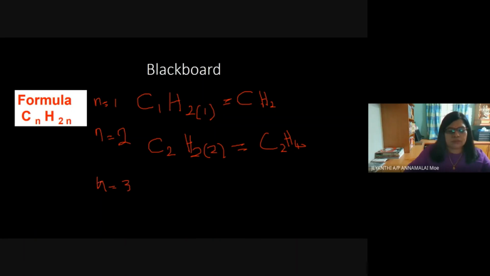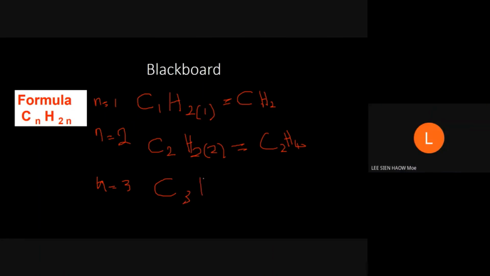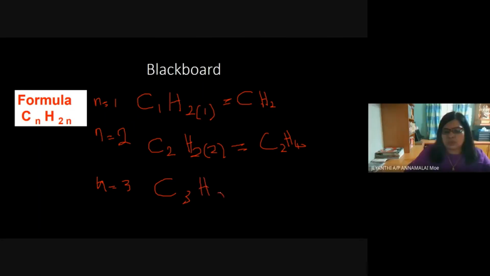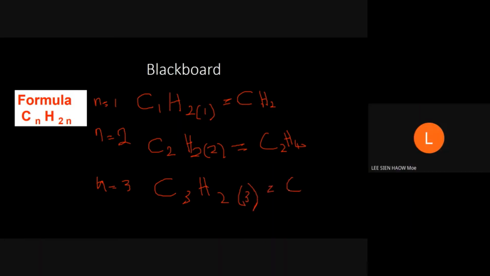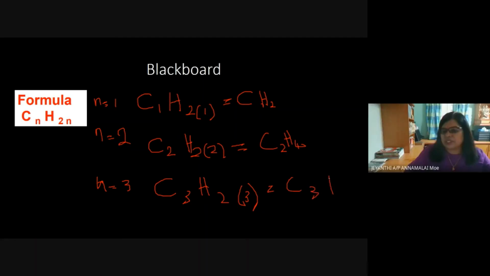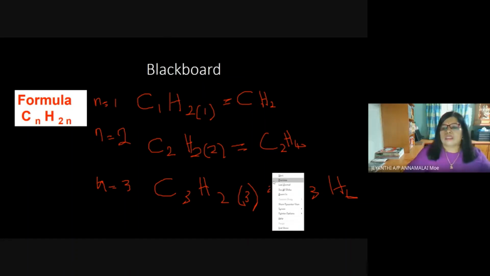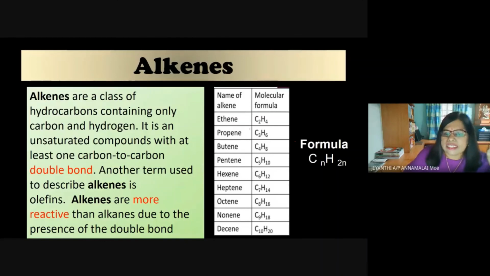And so you get C3 H 2 bracket 3. So how many you get? C3H6. C3H6. Okay, let's see names. This is ethene, propene, butene.